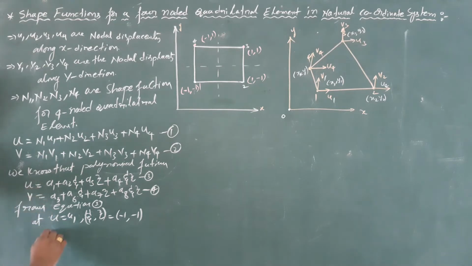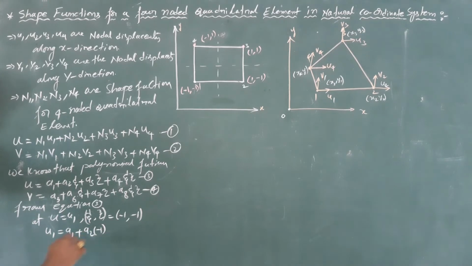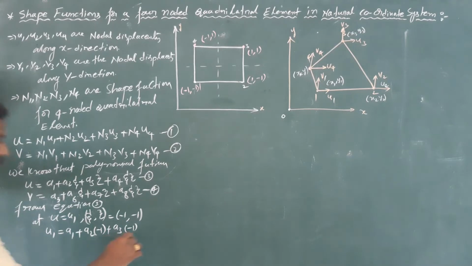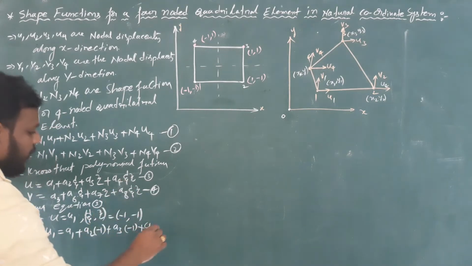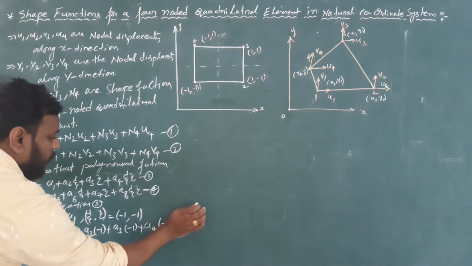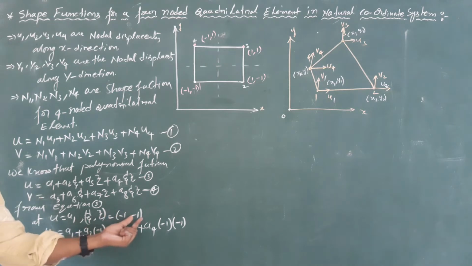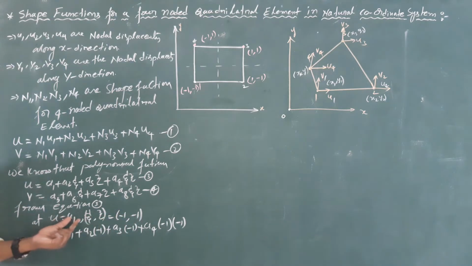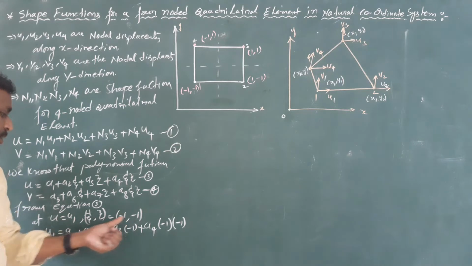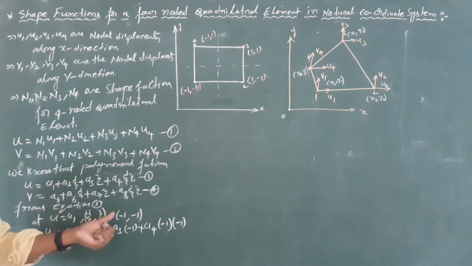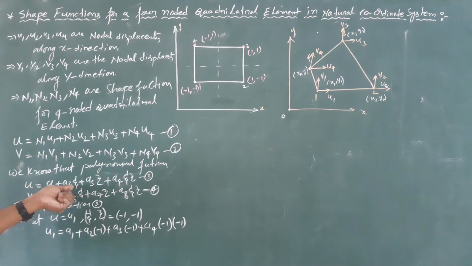So u1 = a1 + a2 times ξ value -1 + a3 times η value, also -1, + a4 times ξη, -1 into -1. Substitute these boundary conditions in our polynomial function.